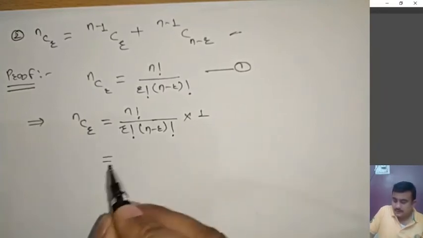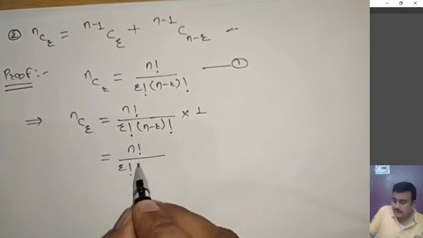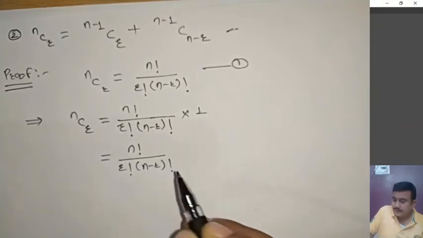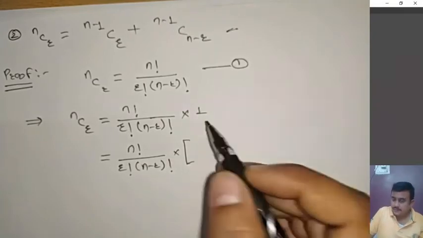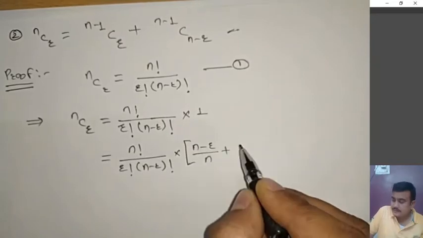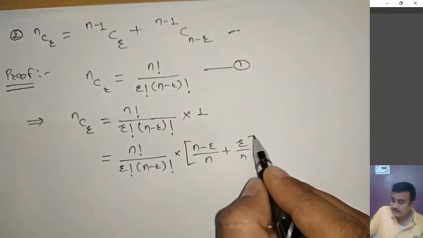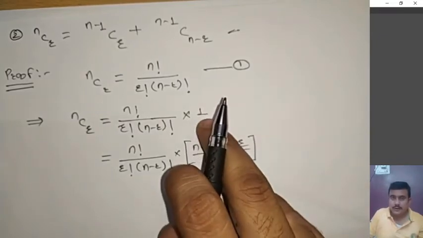Now, n factorial divided by r factorial (n minus r) factorial multiplied by. Now, we will convert this 1 as (n minus r) divided by n plus r divided by n. When we solve this bracket, we get the value 1.